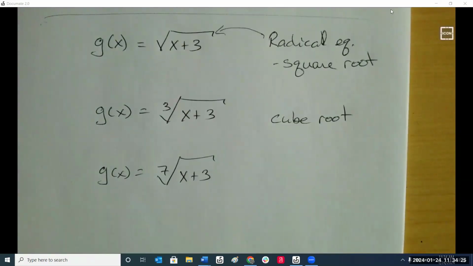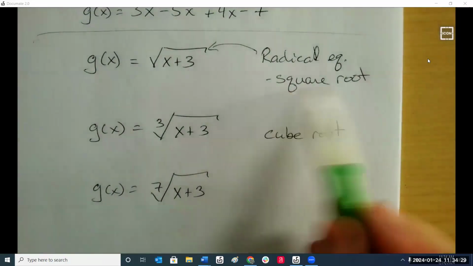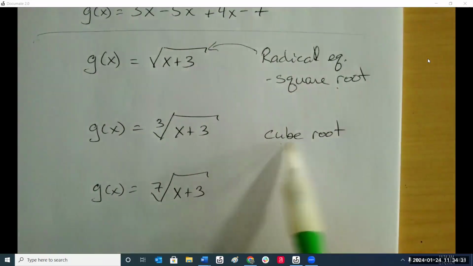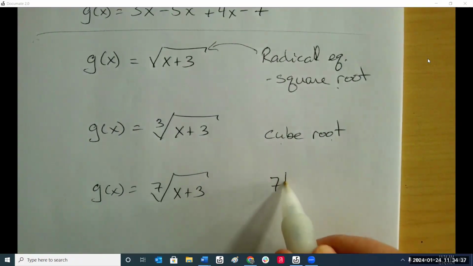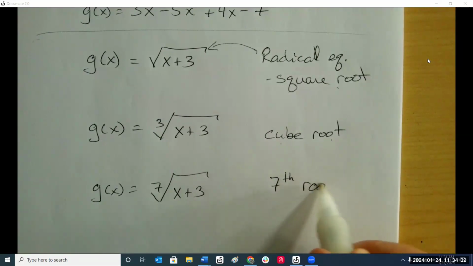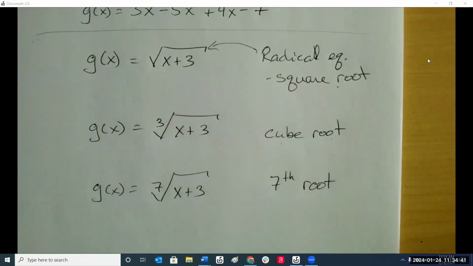What's that one called? This first one's called a square root. Next one's a cube root. What's this one called? Seventh root. As you can guess, mathematicians go to no expense naming their functions. They're not that imaginative.